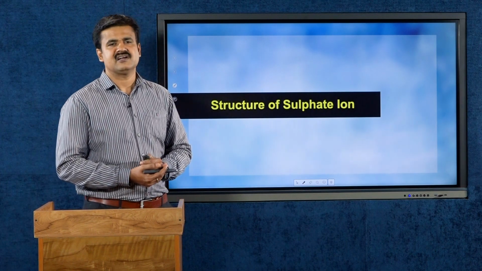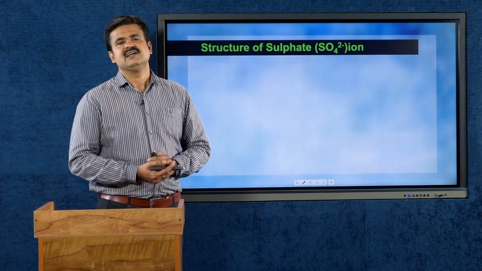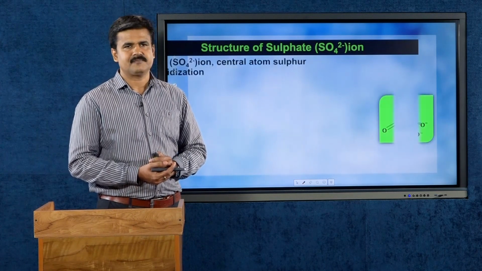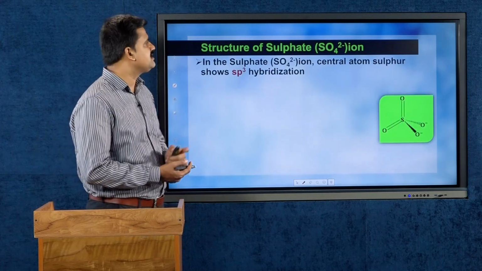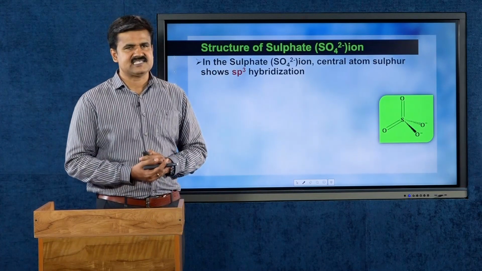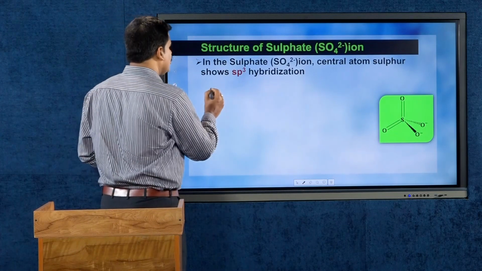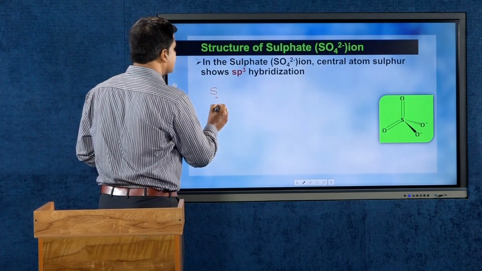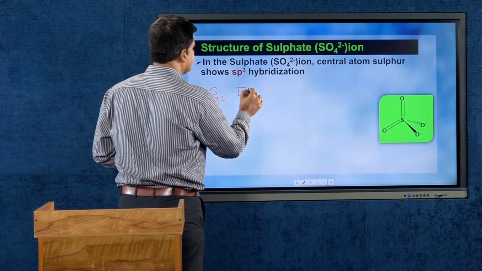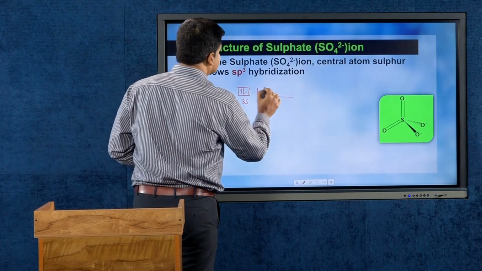Now, we are discussing the structure of sulfate ion. Sulfate ion comprises the central atom sulfur. In the sulfate ion, the central atom sulfur shows sp3 hybridization, which can be depicted like this. We know the central atom sulfur in the ground state has an electronic arrangement of 3s2, 3p4.